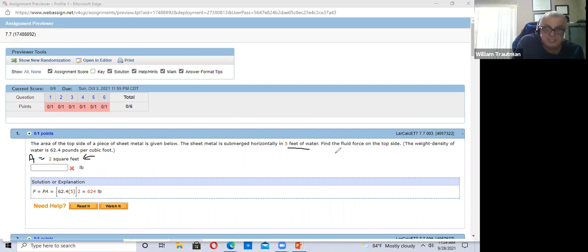And I think on the test, they don't give us the density. So once again, fluid force is the pressure times the area. And we need to figure out the pressure, which is the density times the height. So density is 62.4, and the height right here is submerged horizontally in 5 feet of water.